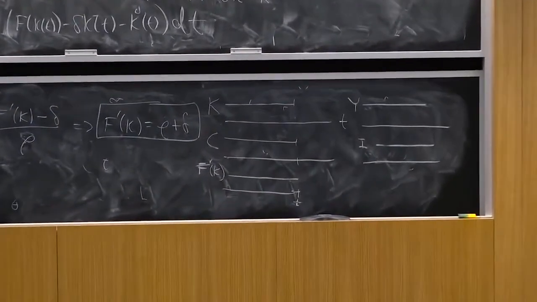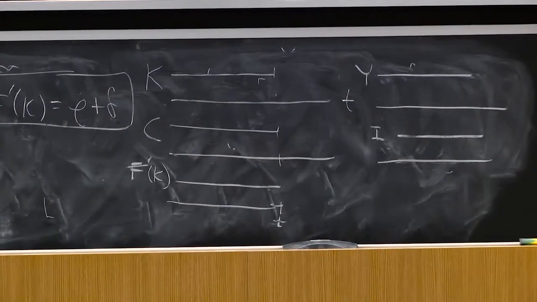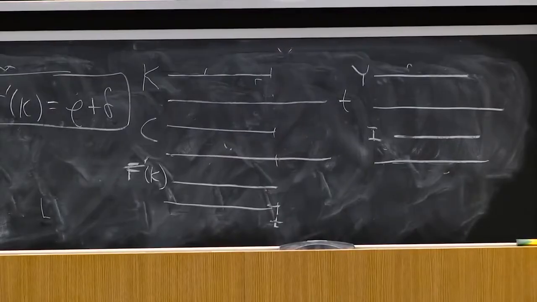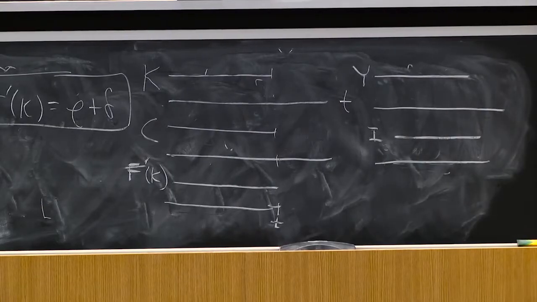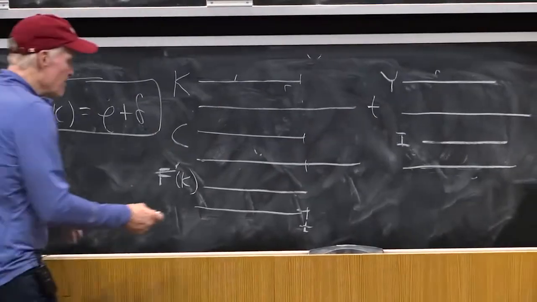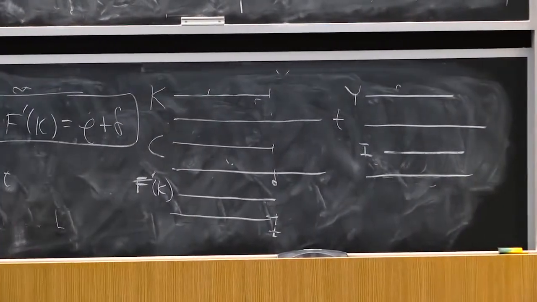Well, what would happen initially to F prime if we just doubled F? We just multiplied F by 2. Well, K isn't going to jump, right? K's got to stay right where it was. The minute after the function changed, we would have the same K, so F prime would double. And then what would happen over time?